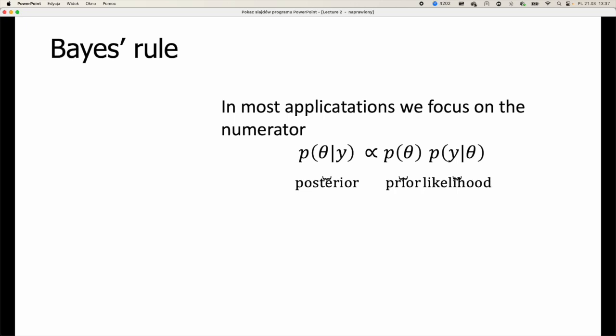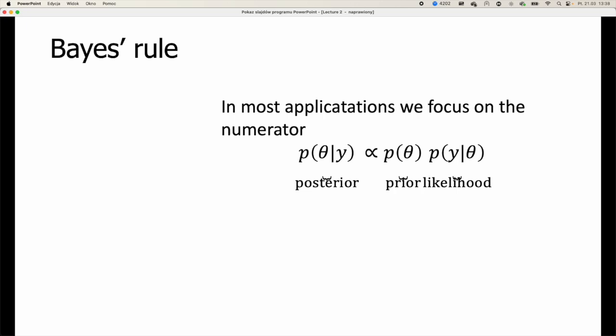The denominator is independent of the value of parameters. So we can focus only on the numerator to get the relevant information for inference.